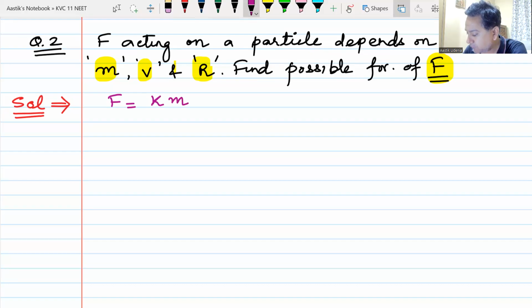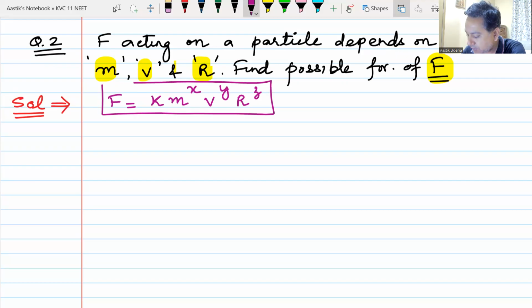K into M raised to the power of X, V raised to the power of Y, and R raised to the power of Z. That is my step number 1. I have to just find out the values of these three quantities X, Y, and Z. I cannot get the value of K.